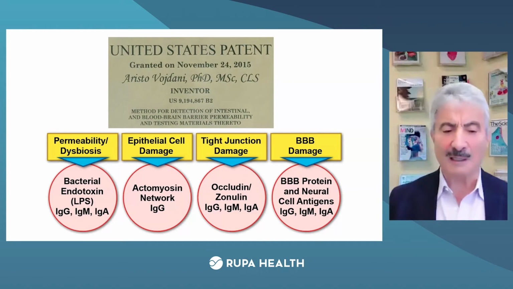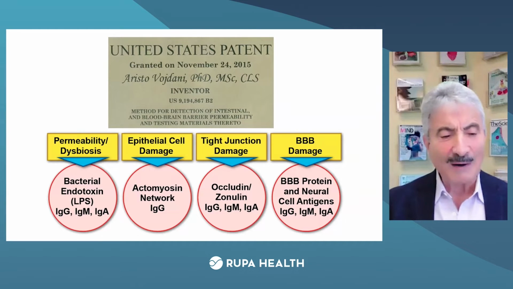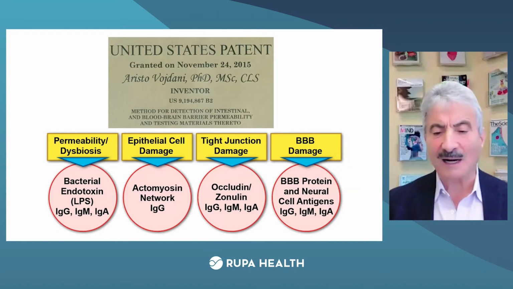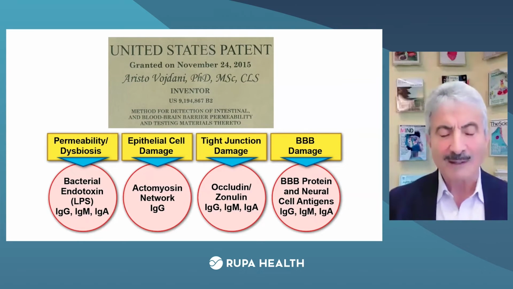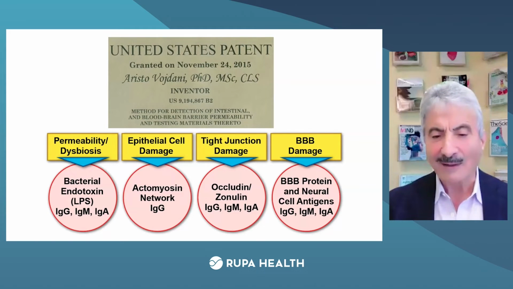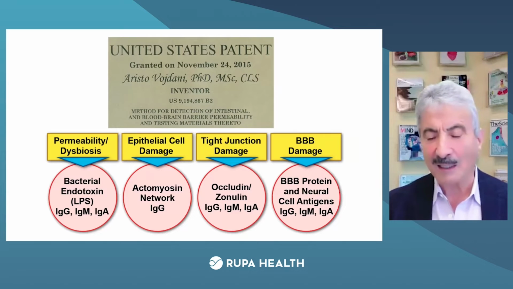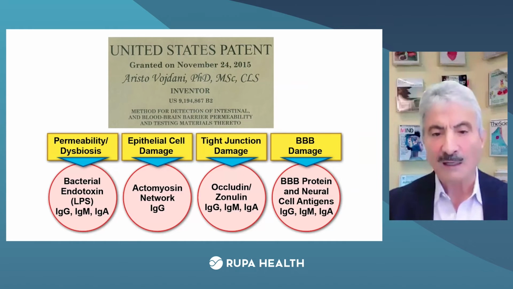And very interestingly, when some of these biomarkers are abnormal, there is almost a 70% probability that if an individual is suffering from leaky gut, that individual is also going to suffer from a leaky blood-brain barrier.